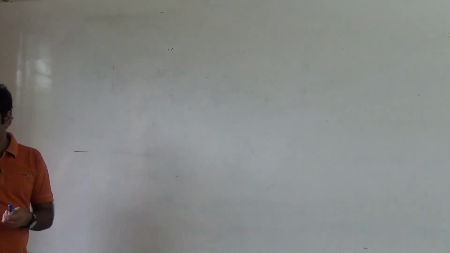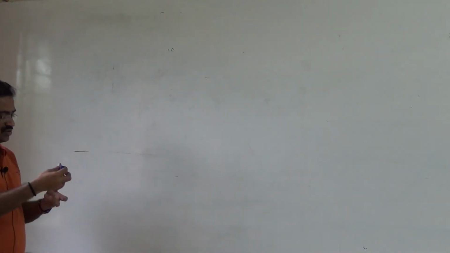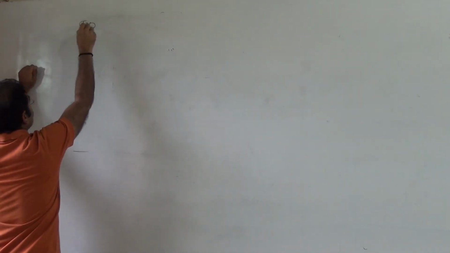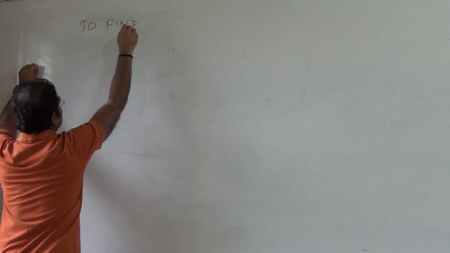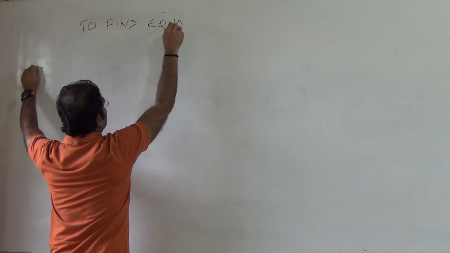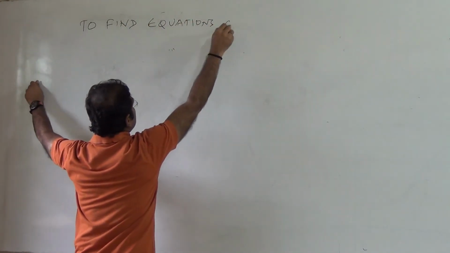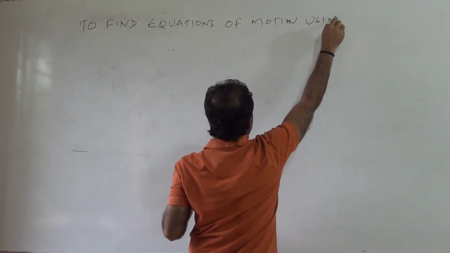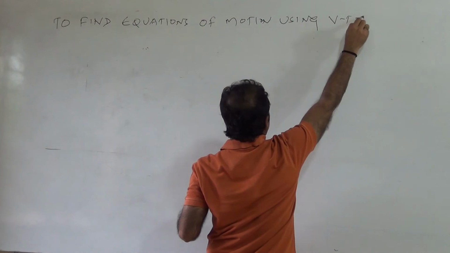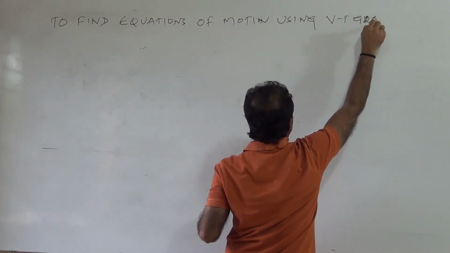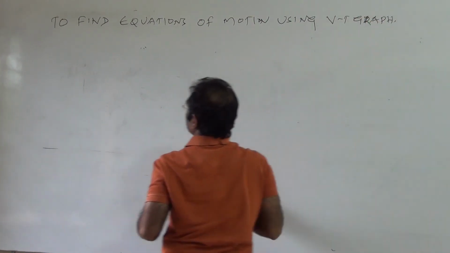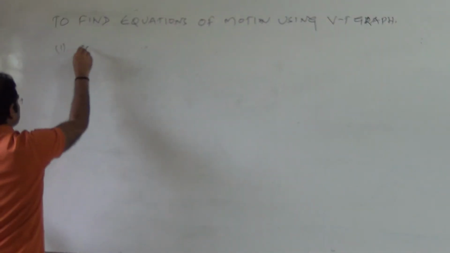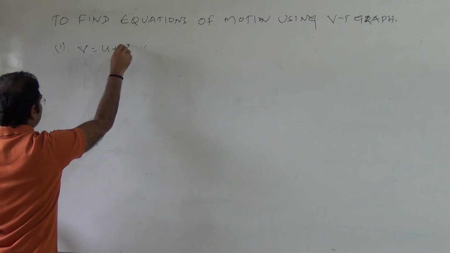The heading is to find equations of motion using VT graph. The first one is V is equal to U plus AT. We have to prove this.